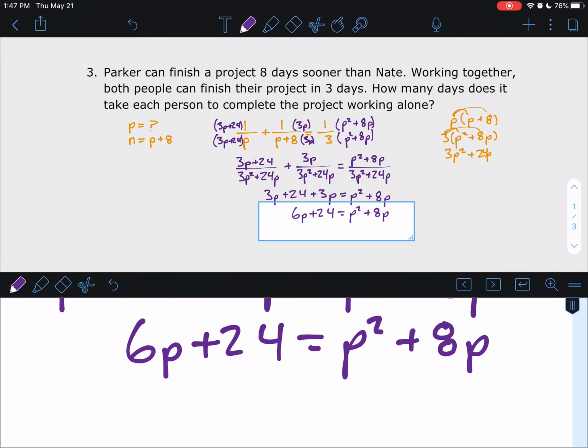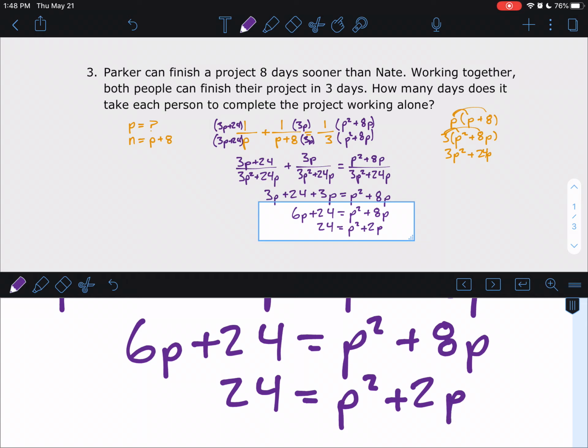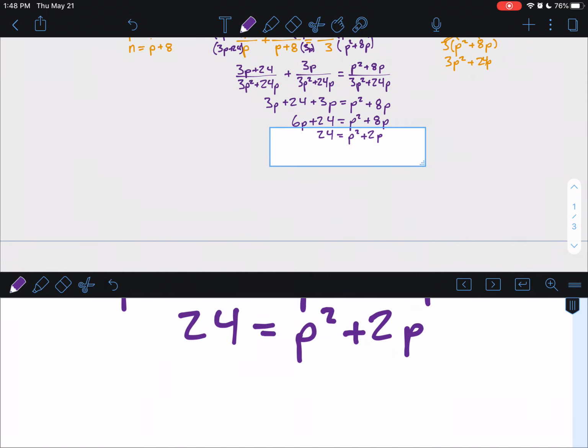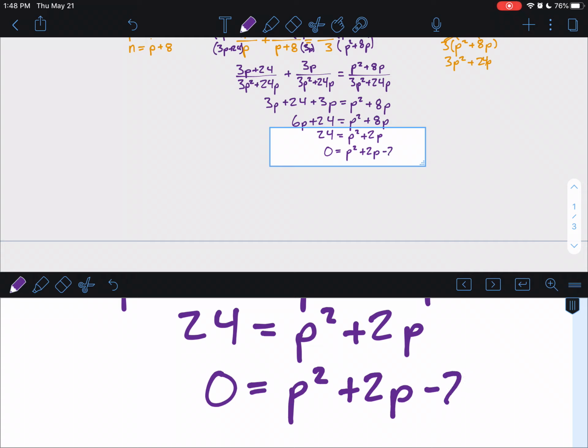And then I'm going to subtract 6P from both sides. So I got 24 equals P squared plus 2P. And then I'm going to subtract 24 from both sides. So once I do that, I got 0 equals P squared plus 2P minus 24.